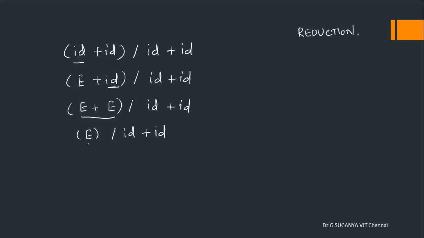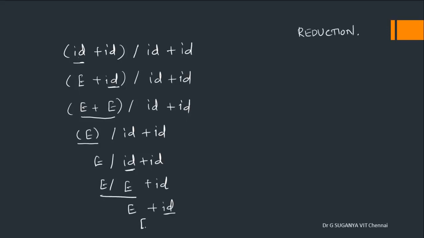So we'll end up with this, and this is the mapping of the fifth production. So it can get reduced to e. Now e slash as such cannot map, and hence this id has to be reduced to e in the next step. And then e slash e is the fourth production, which can be used to get reduced to e.